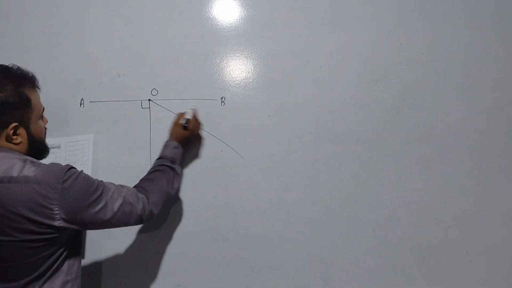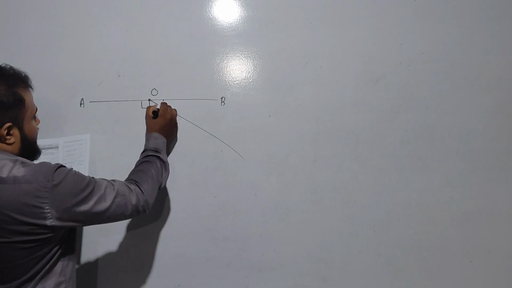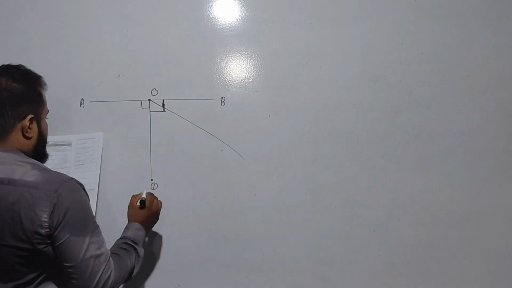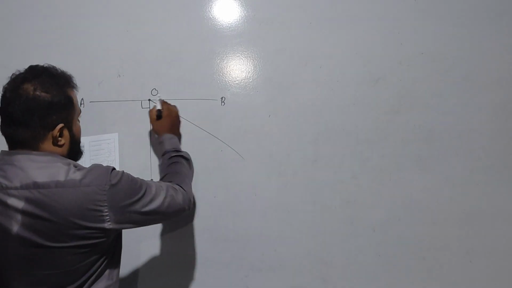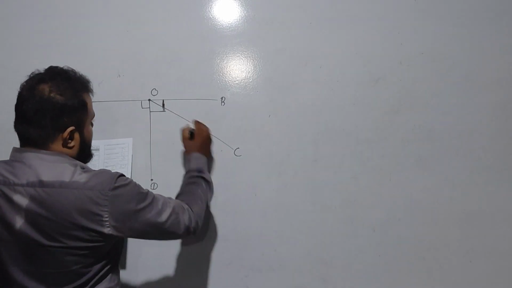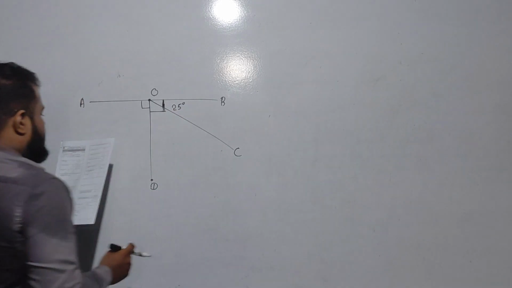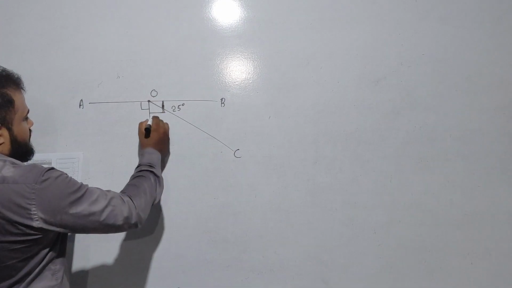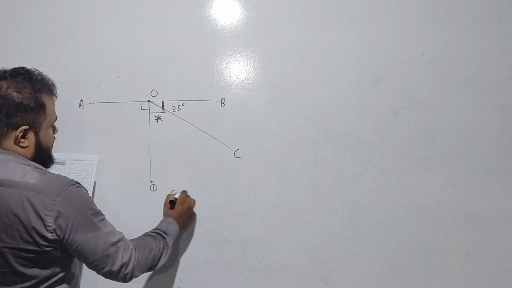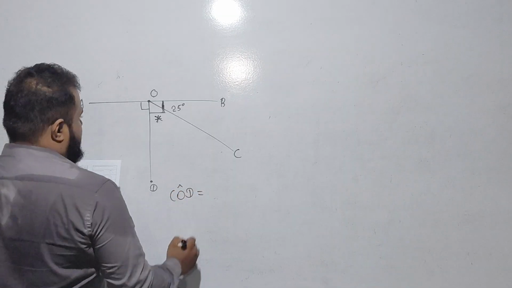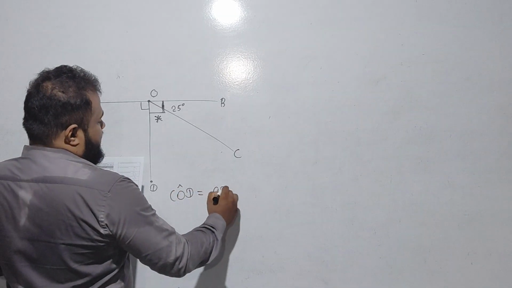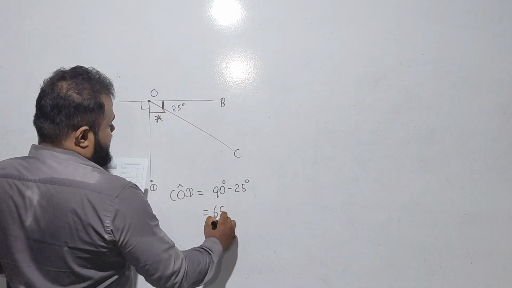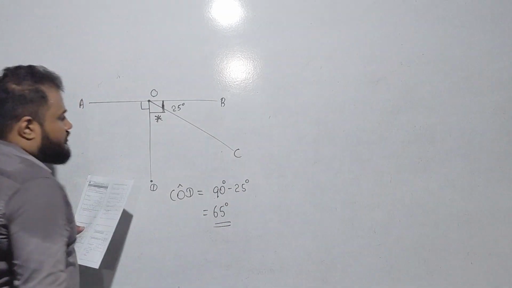That means this BOD is also a right angle. And they have given BOC is 25 degrees. So how to find COD? COD equals 90 degrees minus 25 degrees. It's equal to 65. That's the answer.